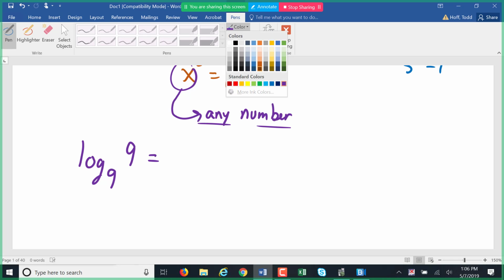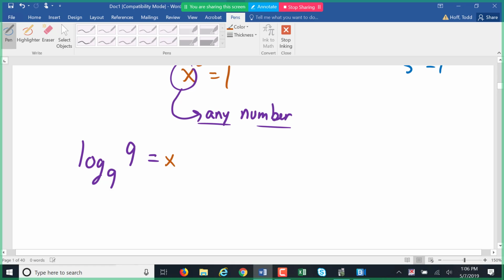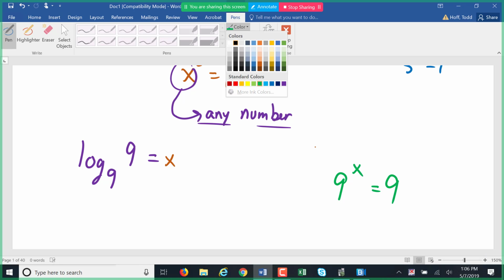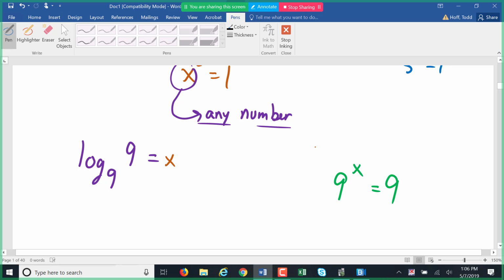Log base 9 of 9 is going to be what? What does x have to be there? Well, 9 to what power equals 9? Be brave. It's 9 to the power of 1, right? Anything to the power of 1 is itself.